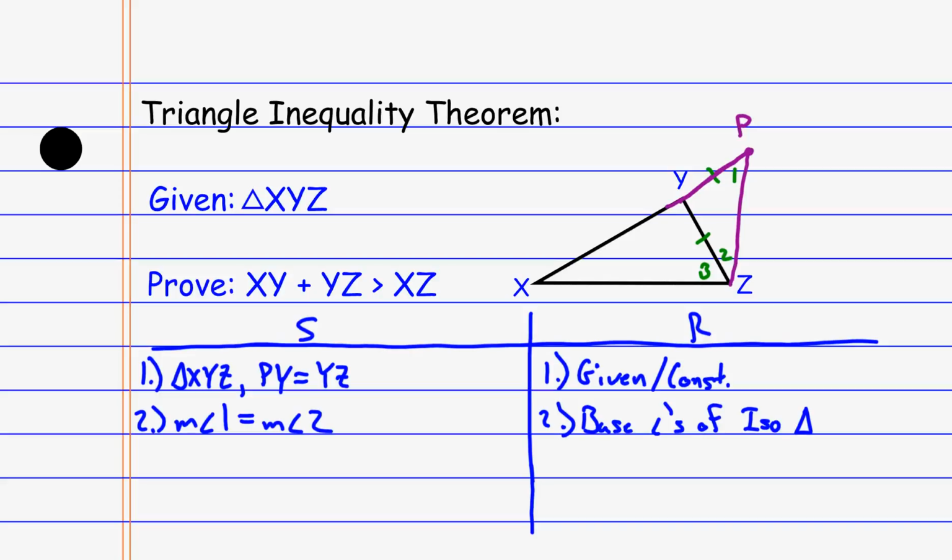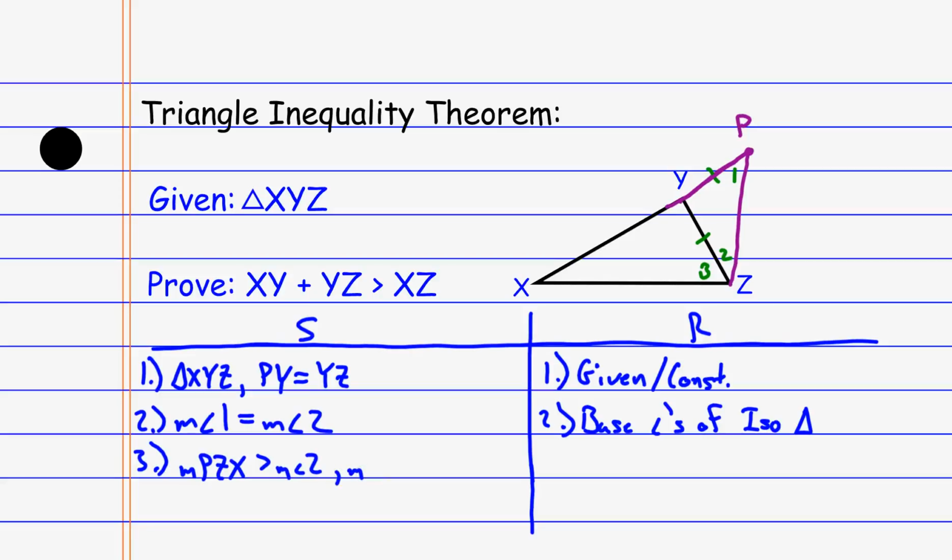And so then from there, I can start using some of these theorems that I just had in terms of the relationships. So I might look at something like this and say, okay, well, now I can immediately say that the measure of angle PZX has to be greater than the measure of angle 2. I can also say the same thing about the measure of angle 3.